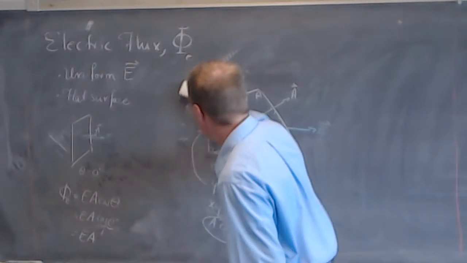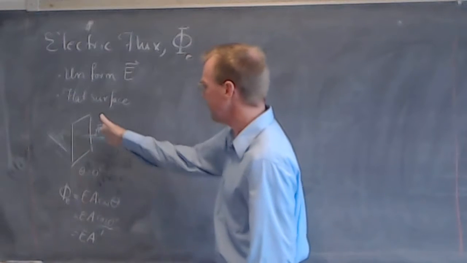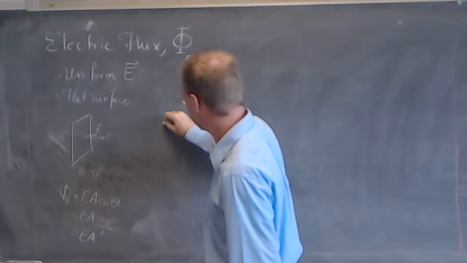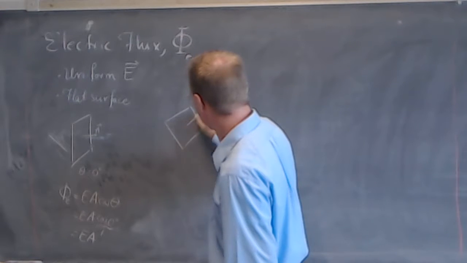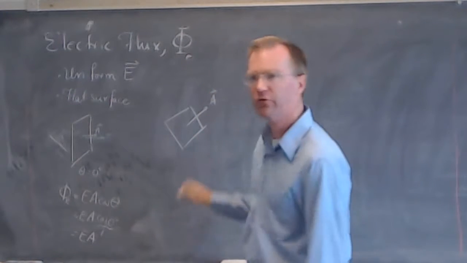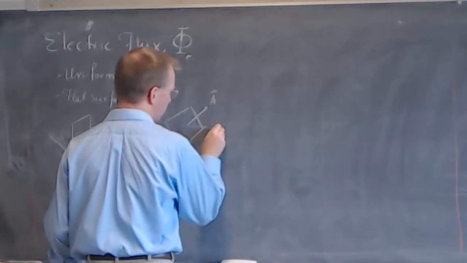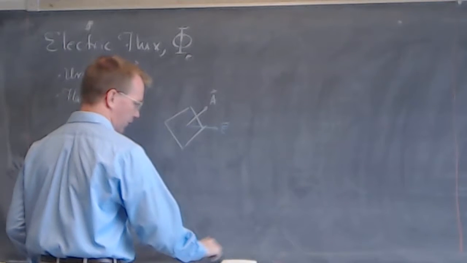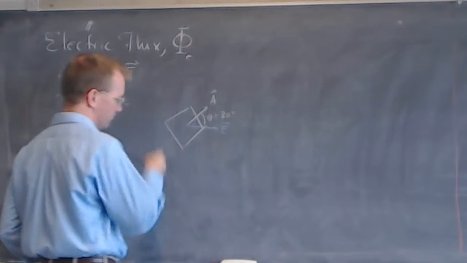What about if we swing that surface up a bit? There's the area vector. There's the electric field. And let's say this angle is 30 degrees.